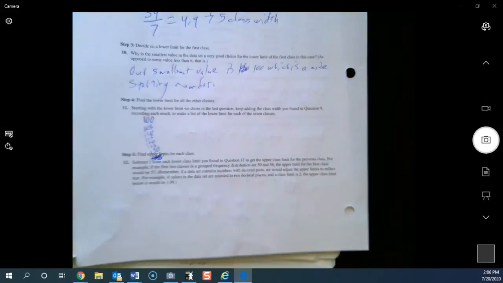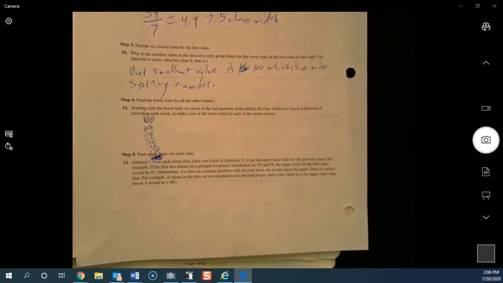Okay, now, number 12. It says subtract 1 from each lower class limit you found in question 11. Get the upper class limit from the previous class. For example, the first 2 classes in the group frequency distribution are 50 and 58.